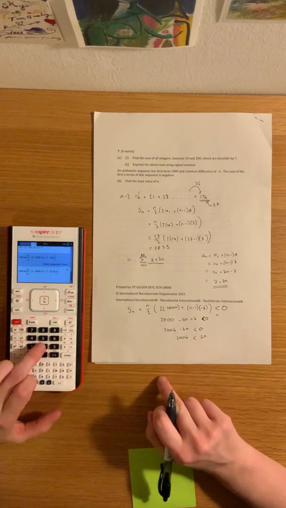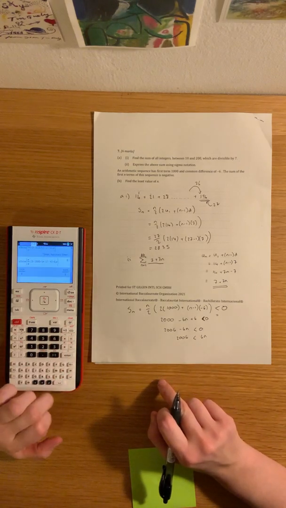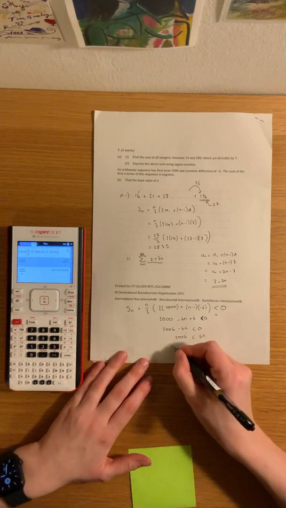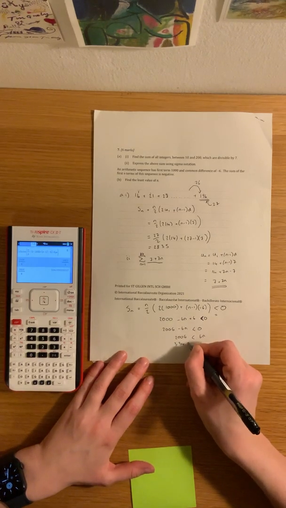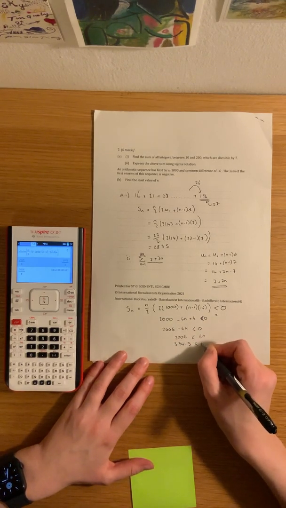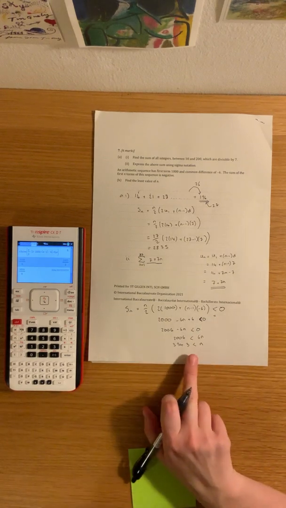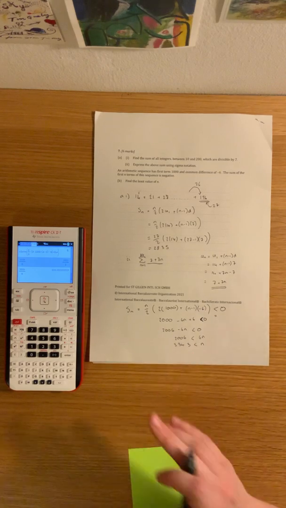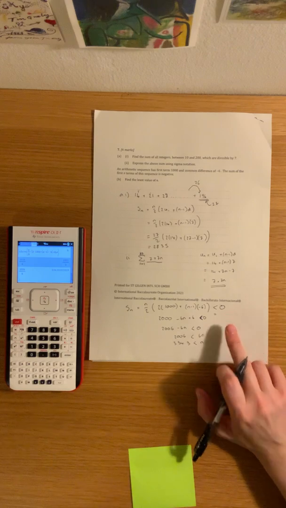Divide through by the 6, so 2006 divided by 6, which gives me 334.3 is less than n. So n needs to be greater than 334.3 for our sum of the sequence to be less than 0.